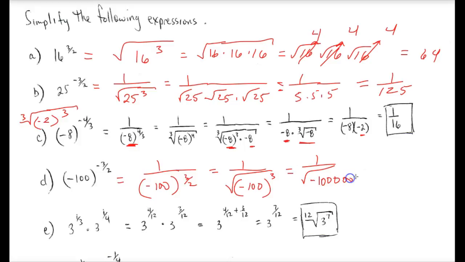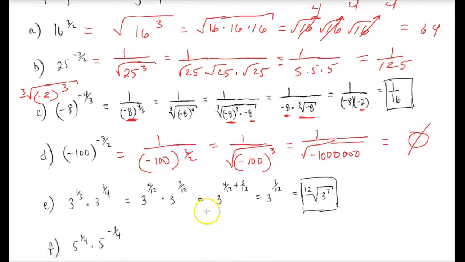That's with 6 zeros. And of course, our problem here is that we cannot take the square root of a negative number. So this case would end up being no solution. We would not be able to evaluate that. Okay.